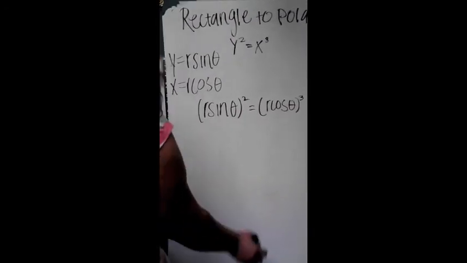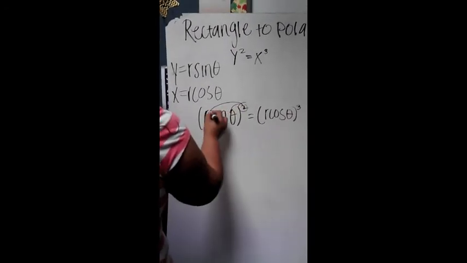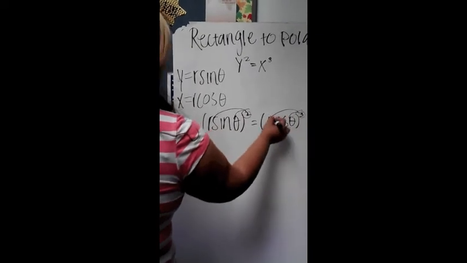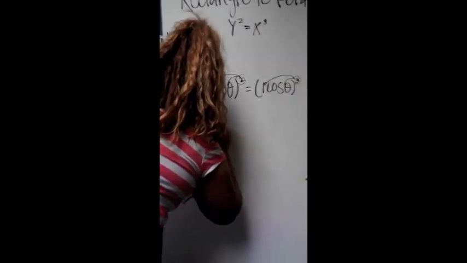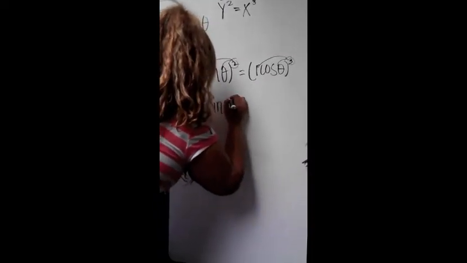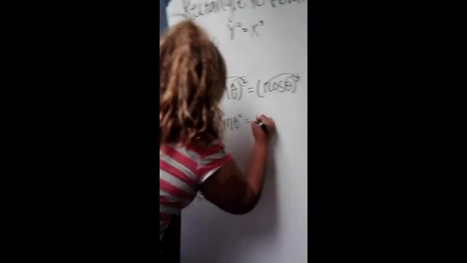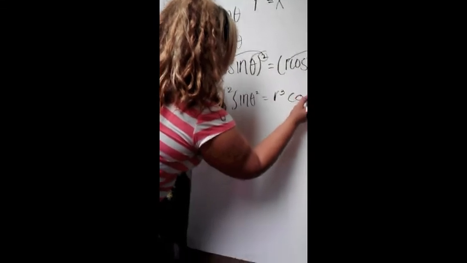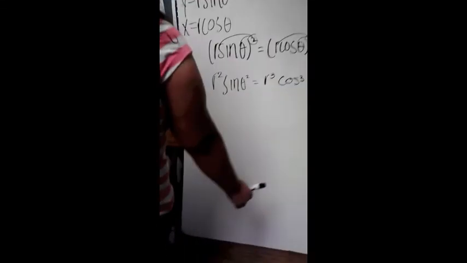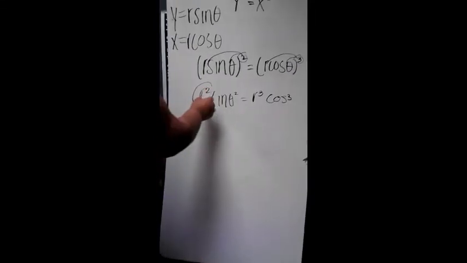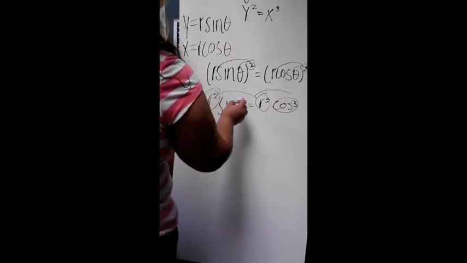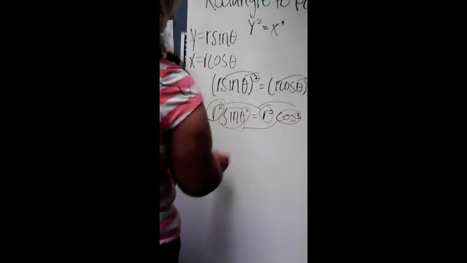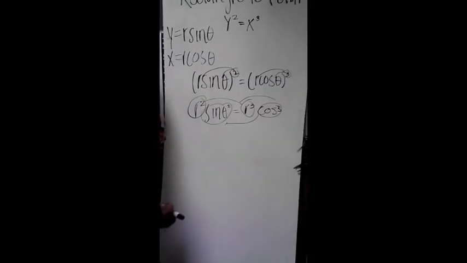Then what we're going to do is we're going to distribute. Then what we have to do is move the r's to the left side of the equation and these two to the outside of the equation. So it's going to look like this.